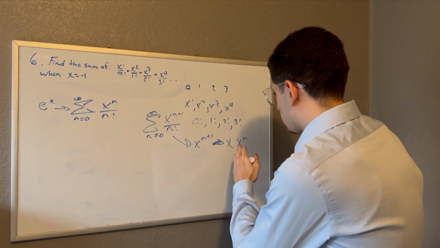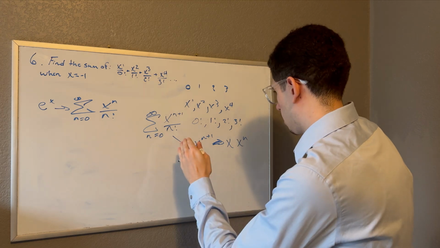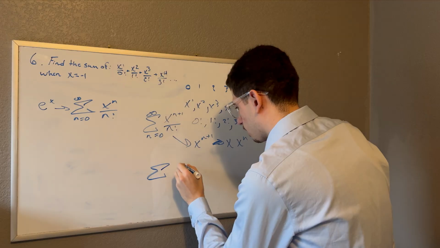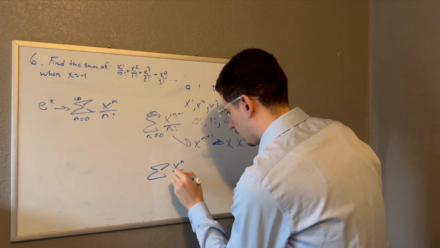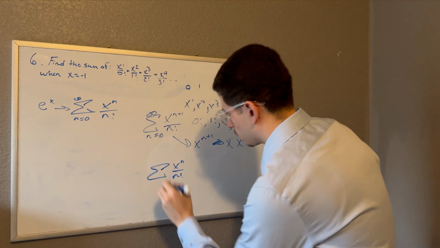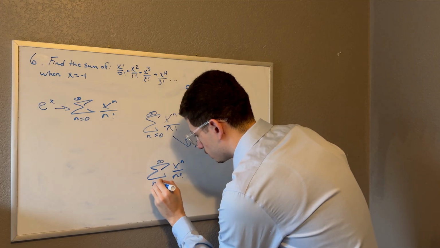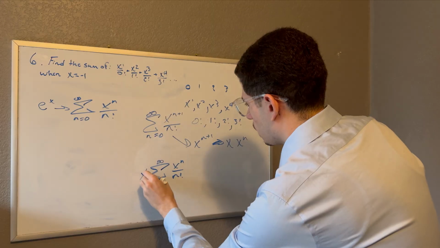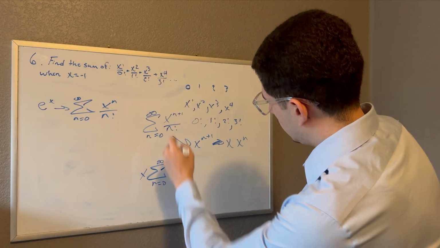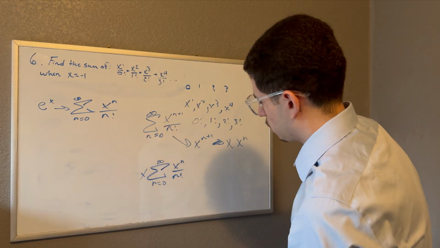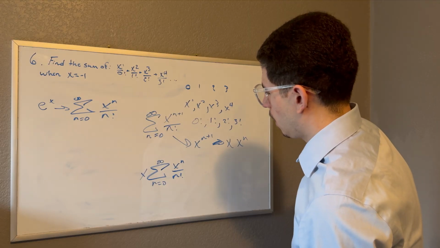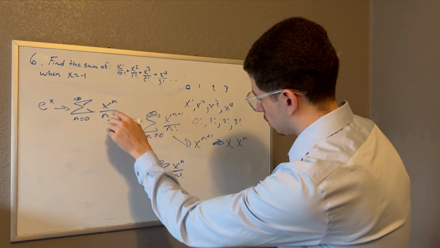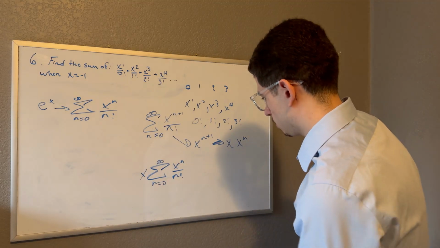So if these equal each other, we could remove the x from the summation, which would leave x to the n over n factorial from 0. Now these are equal to each other, and we know this entire summation equals e to the x.